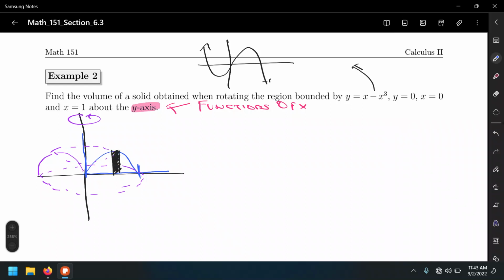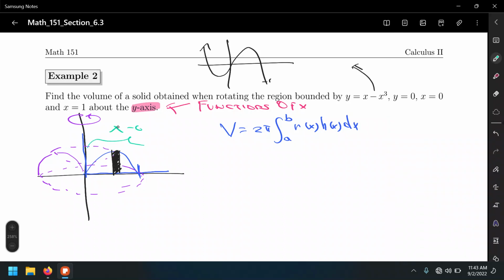Again, let's write down the formula. V equals 2 pi integral from a to b of r of x times h of x with respect to x, where r of x, again, what's the radius in this case of this shape? X minus 0, just x.